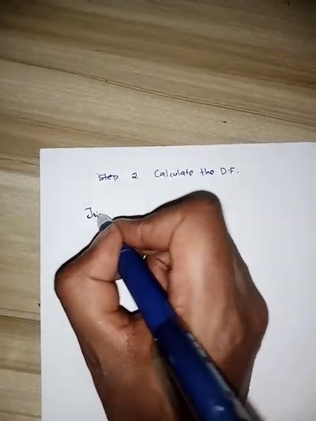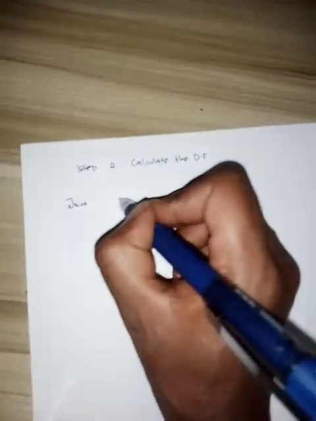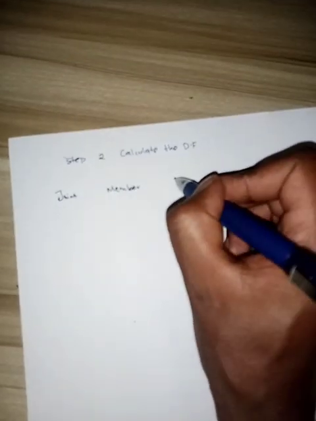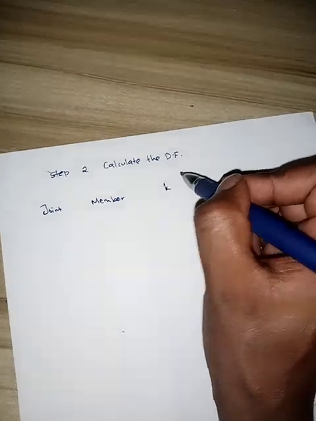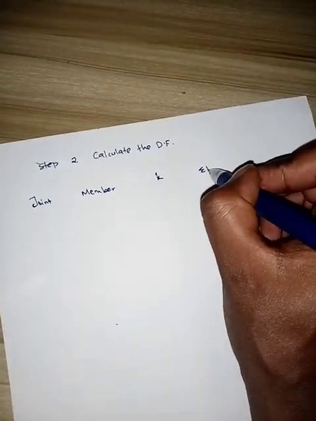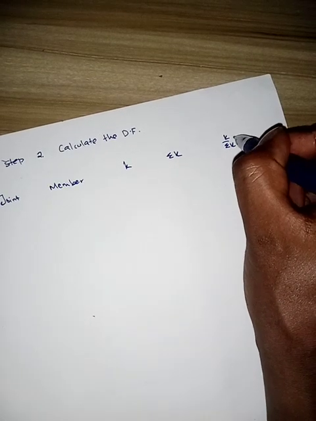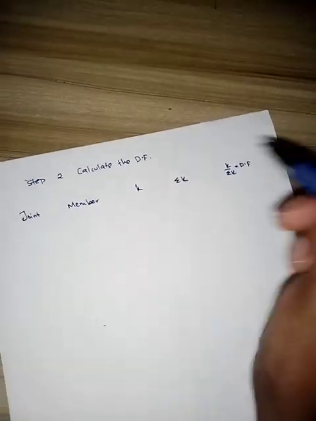So you have the joint there, you have the member, you have small k there, you have summation of k, and of course k over summation of k, which is now the distribution factor.